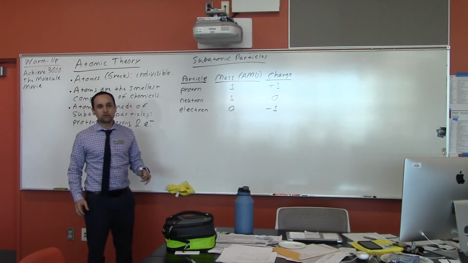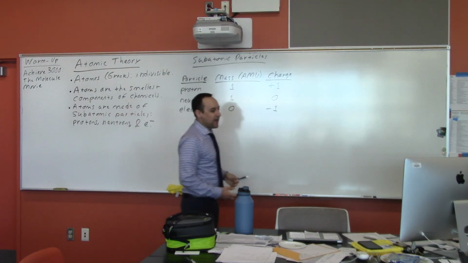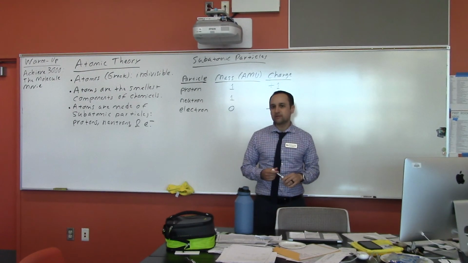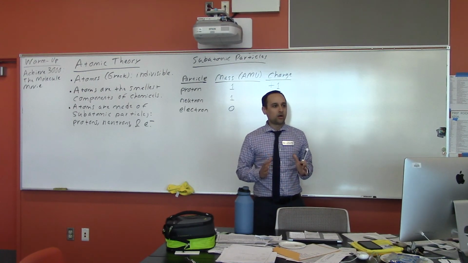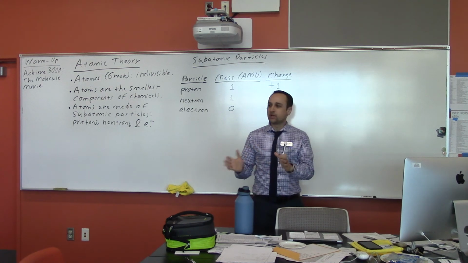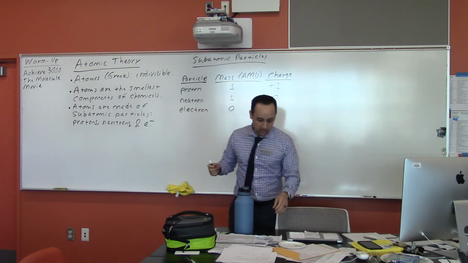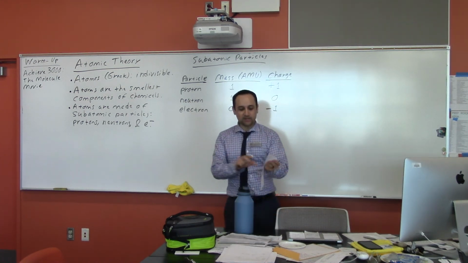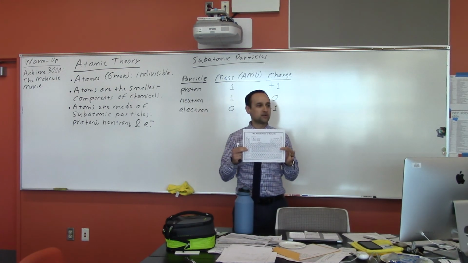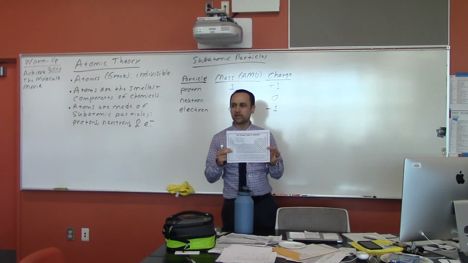All right, so these subatomic particles make up atoms. And atoms are of one type of element or another type. And all of our elements are represented in the periodic table of the elements. So everybody in here is going to get one of these. We're not there yet quite, but you're going to get one of these.